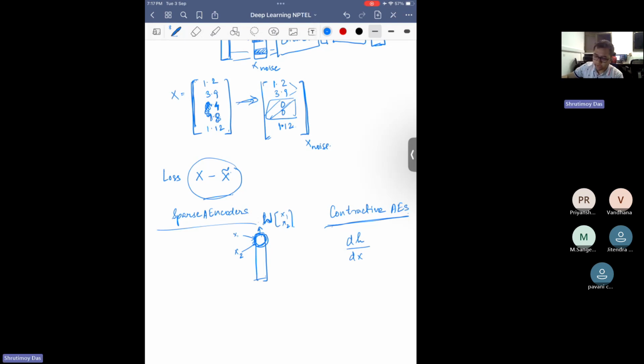Because we don't want any input to have a huge impact on any of these activations. We want these activations to learn all of these inputs almost equally in some sense. So the contractive autoencoder tries to make this quantity, which is called the Jacobian, small in terms of something known as the Frobenius norm.